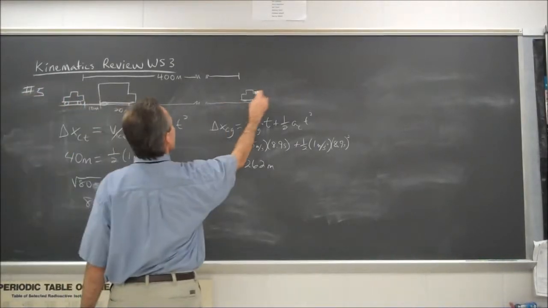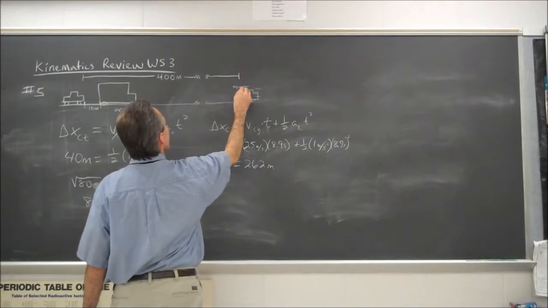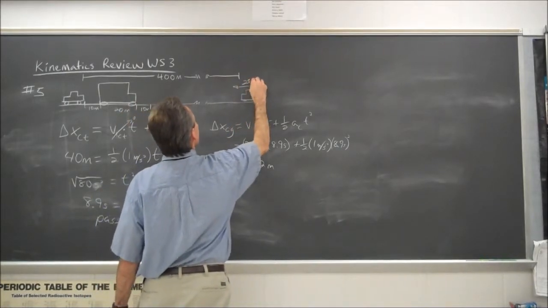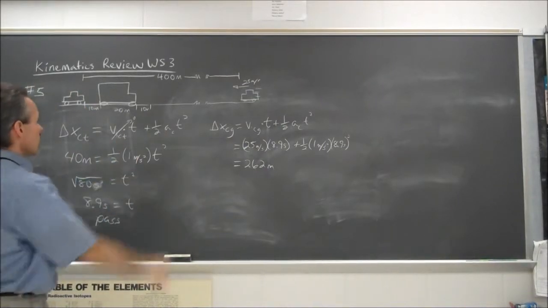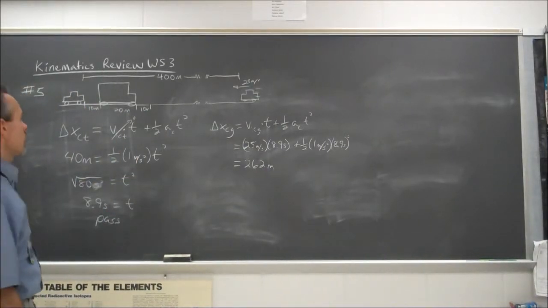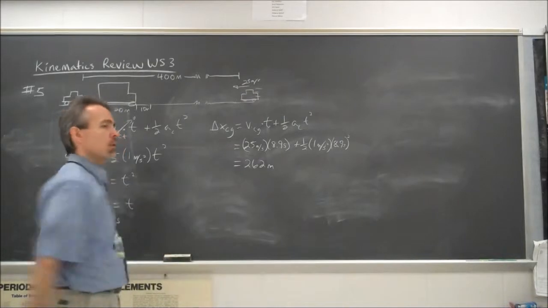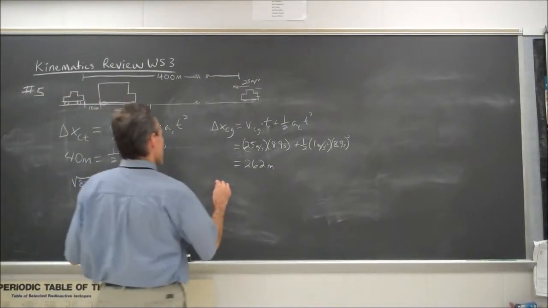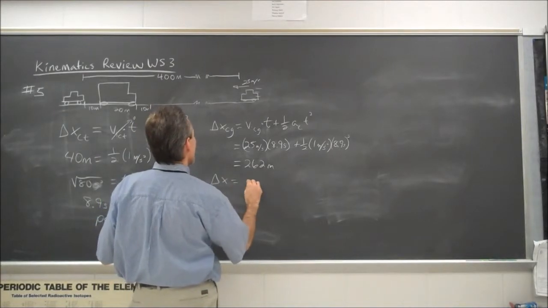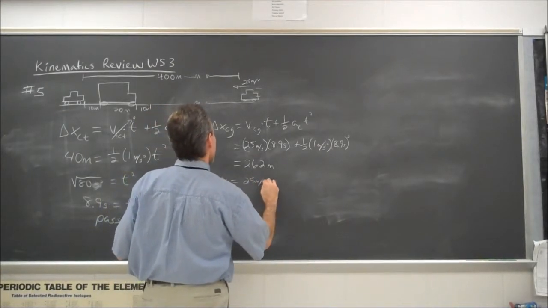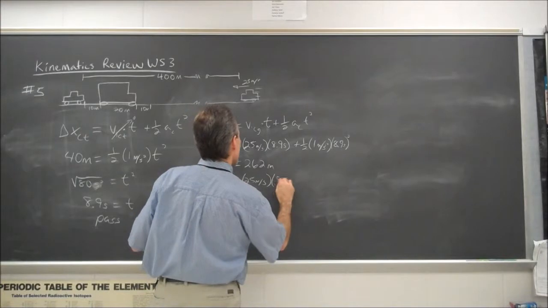But don't forget, this guy here is moving that direction as well, at 25 meters per second. So we need to figure out how far that car travels, also in that 8.9 seconds, and add it to the 262. So that's just d equals v times t. So delta x will be equal to the velocity of 25 meters per second times 8.9 seconds.